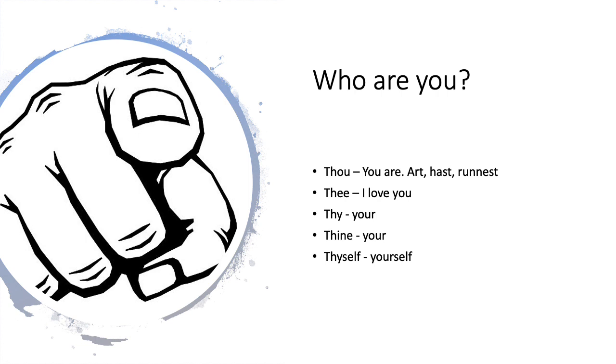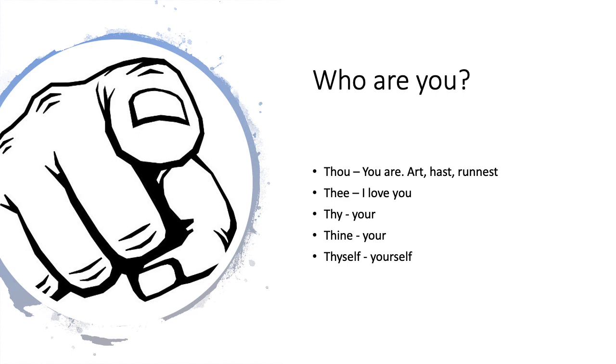So you might see phrases such as thou art, which means you are, thou hast, which means you have, and thou runnest, which means you run. So that's one version to look out for.